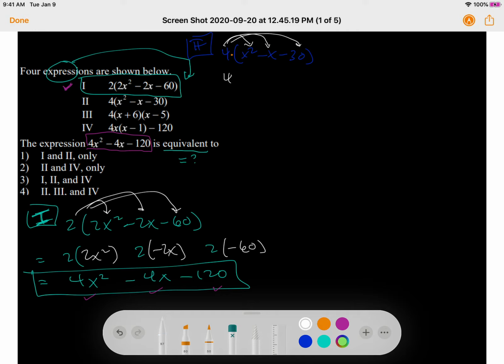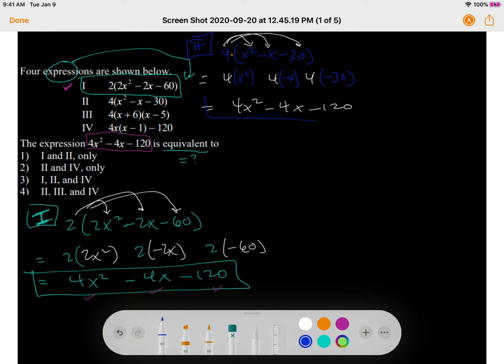Again, you have 4 times each of these terms: x squared, negative x, and negative 30. So if I multiply each of those, I will get 4x squared minus 4x. Remember that's multiplication, not subtraction. And then I get negative 120.